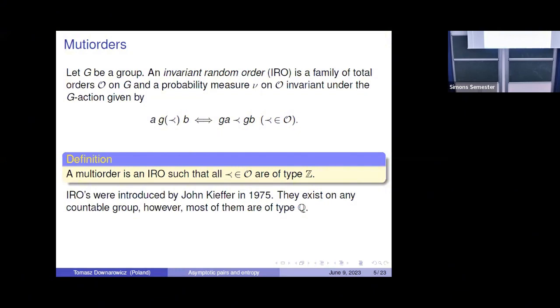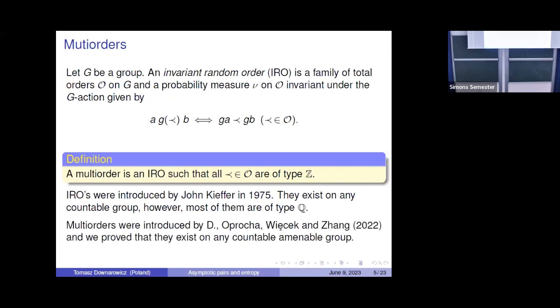Okay, so these more general IROs were defined by Kiefer in '75, and he showed that any countable group can have a multi-order like this. However, most of them are of type Q. That means between any two, each order interval is countable.